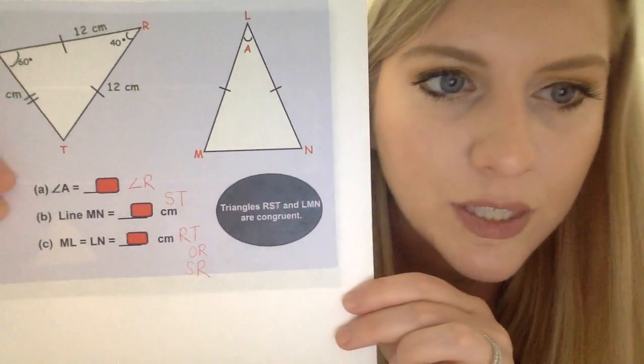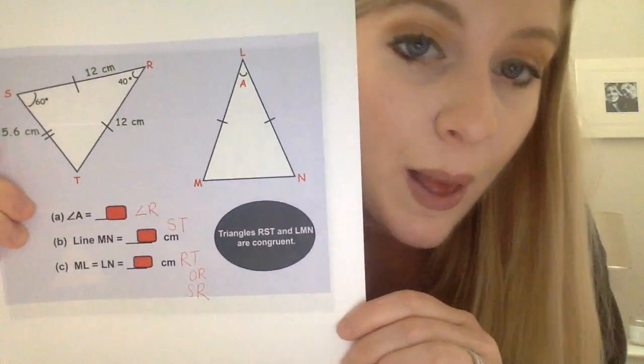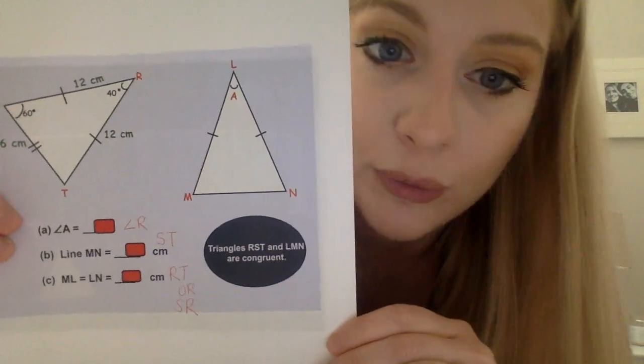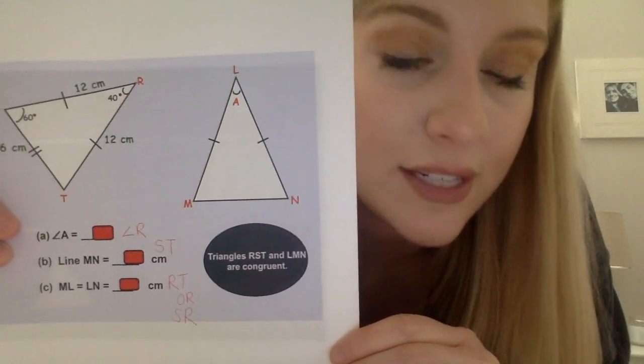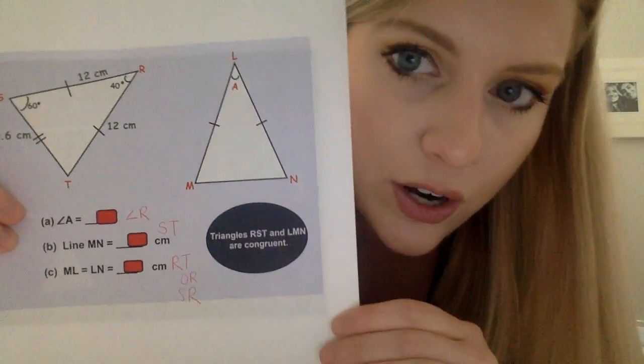You can pause if you need to put those in. So, once I've concluded that my lines are congruent and my angles are congruent, then triangles RST and LMN are indeed the same. They are equal, they are congruent.